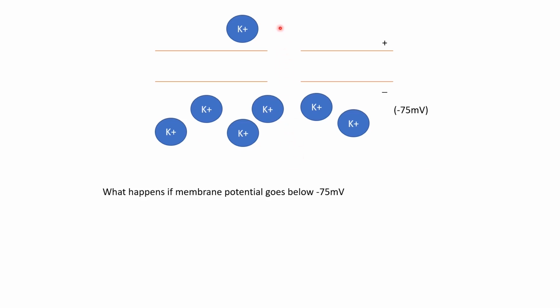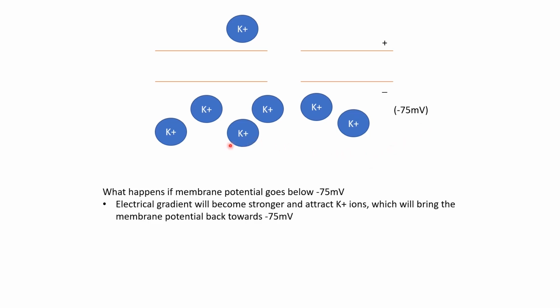And so the net movement of potassium ions will be towards inside, and as these positively charged ions come in, the membrane will become less negative. So from -80 it will start coming back towards -75, and after some time it will have reached -75 millivolts.